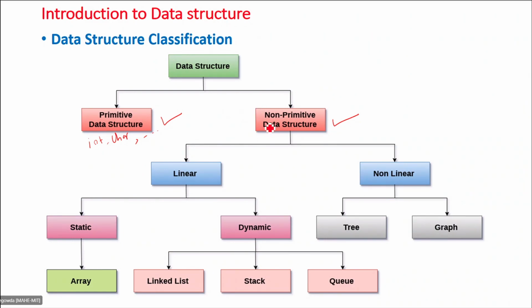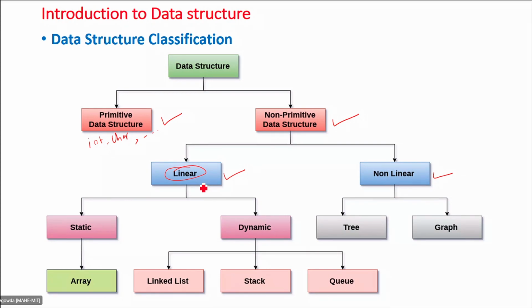Next, we have the non-primitive data structure. The non-primitive data structure is again divided into linear data structures and non-linear data structures. Coming to the linear data structure, a data structure is called linear if all of its elements are arranged in linear order.